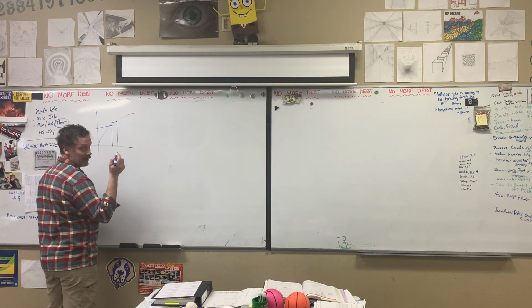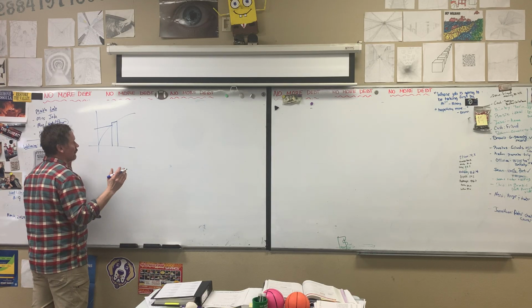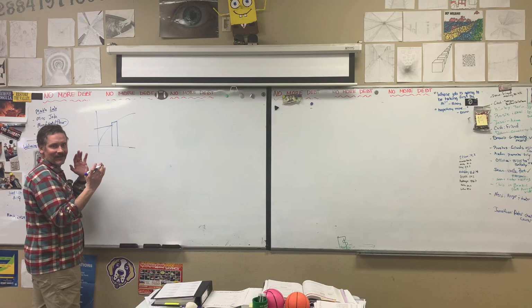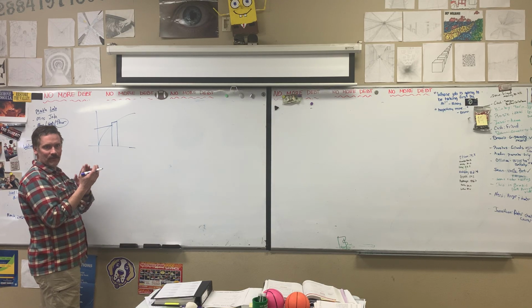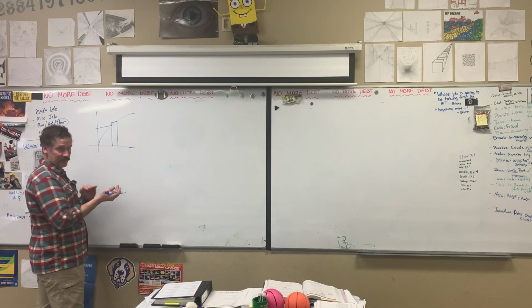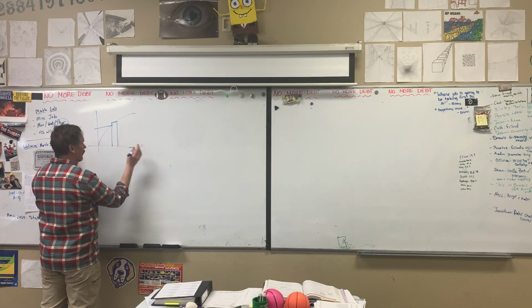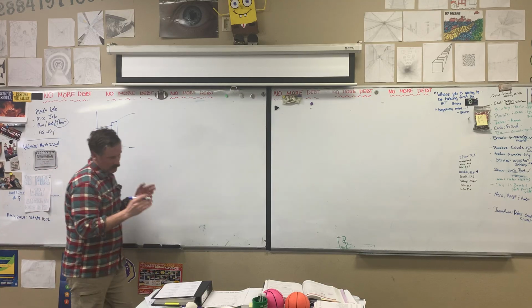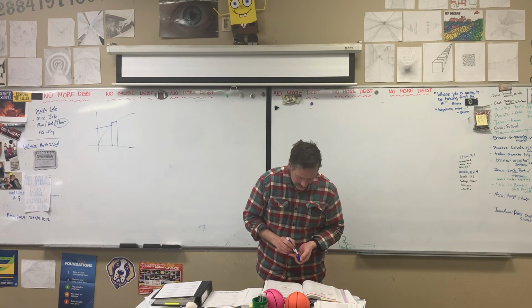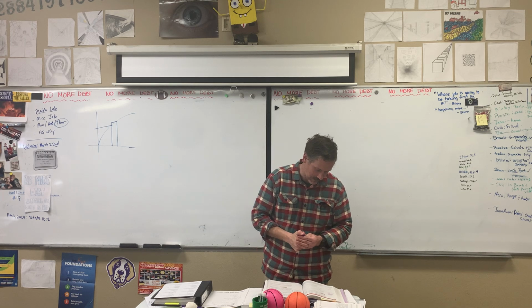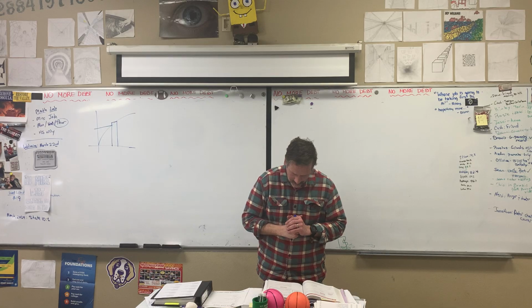You could add up some amount of rectangles. But as your number of rectangles goes to infinity, your widths are all going to 0. This one's really big, this one's really small, but as we tack on more rectangles, they're all going to go to 0. So you don't have to have the same width if you're trying to find area with unequal widths.